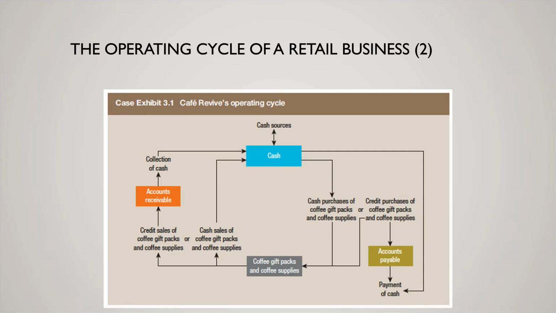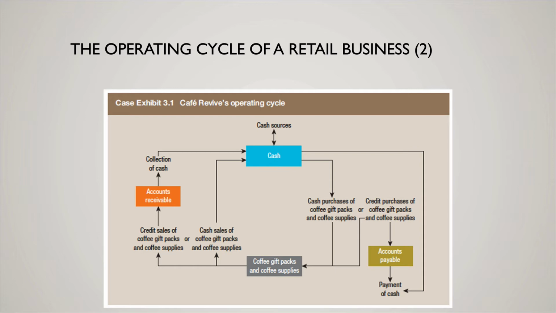And here is a little graphic showing the cash flow in an operating cycle for a retail business. So working from the top down, right, we're interested in where our cash is coming from. Cash comes in by collecting accounts receivable from customers. It also comes in through cash sales.